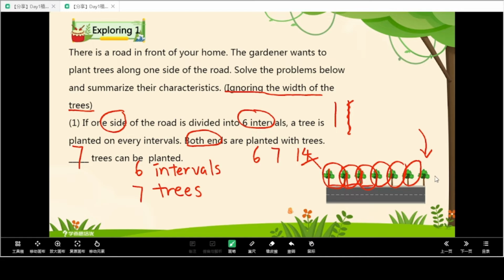That means trees are more than intervals. So we need to use the number of intervals plus 1 to equal the number of trees. Okay, let's continue to the next question.